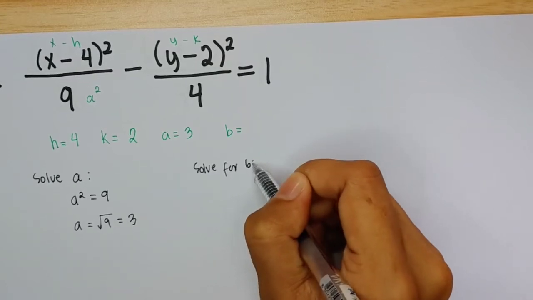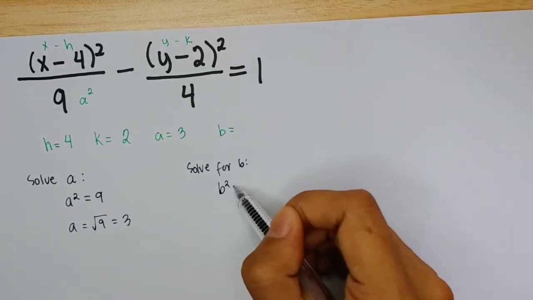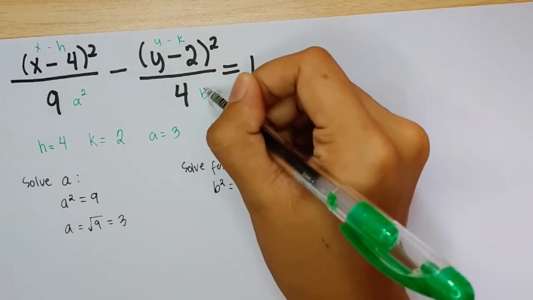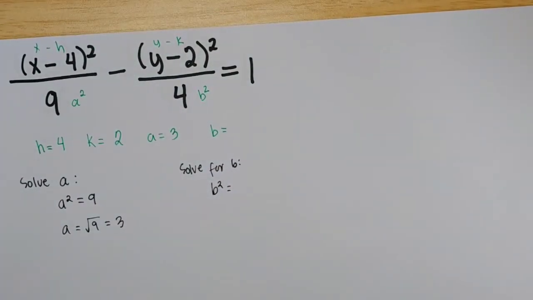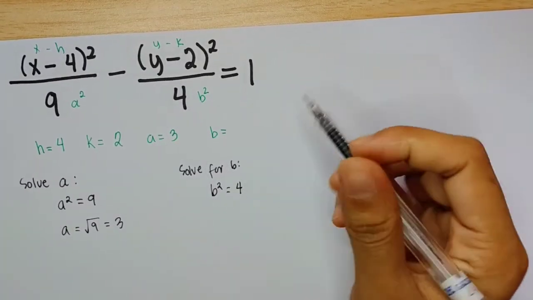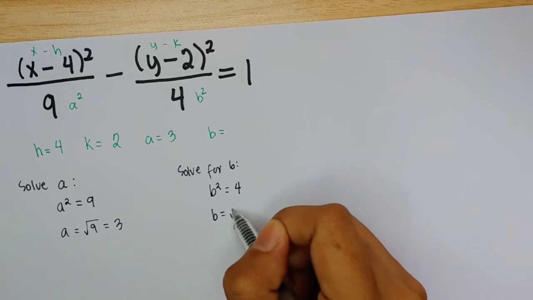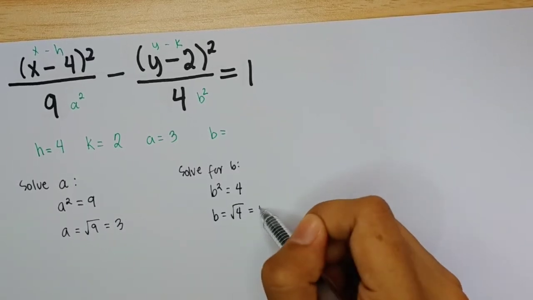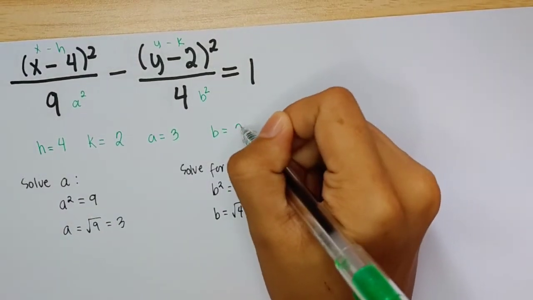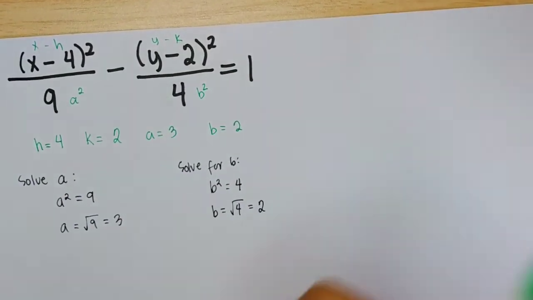Here b squared is equal to 4, and the square root of 4 is 2. So now we have h, k, a, and b.